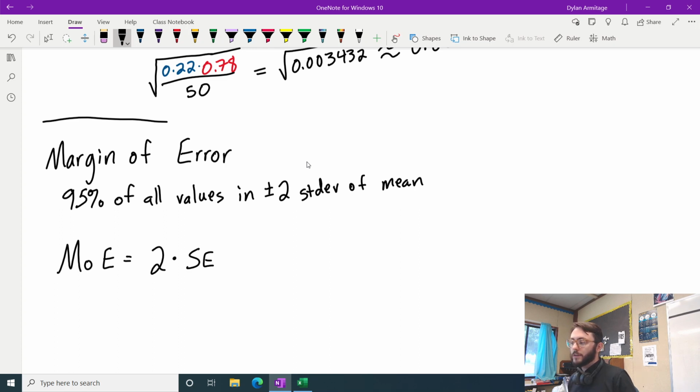our standard error. Now, strictly speaking, it's not always 2. It's actually something called our critical z value, or z alpha over 2. Okay, so the 95% certainty that we want corresponds to a 5% uncertainty.